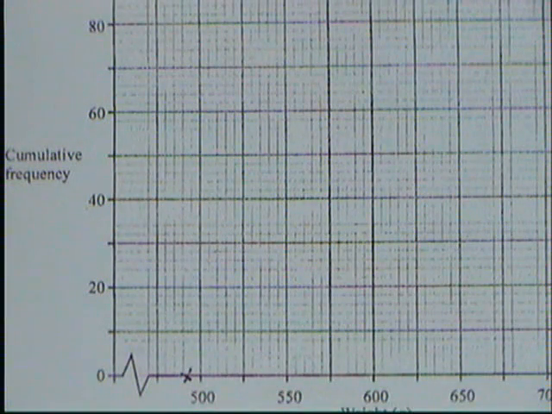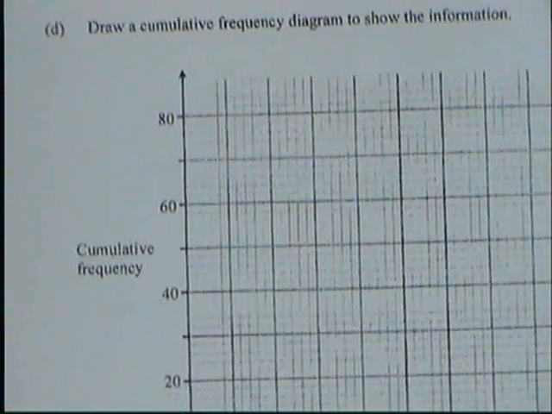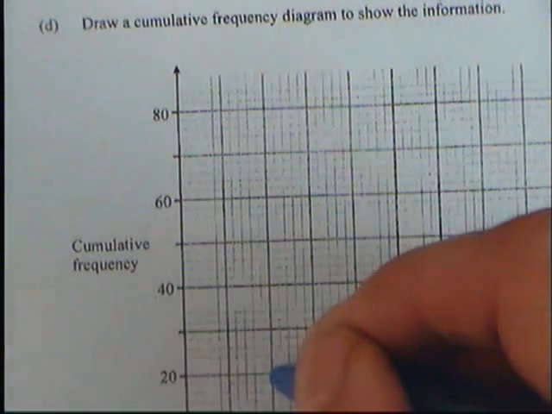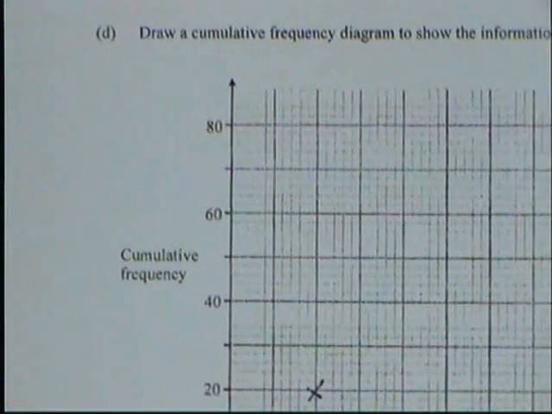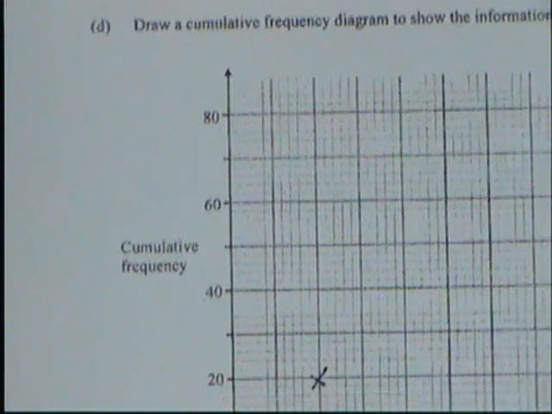Now, the first 20, that's 25%, will be the lower quartile, and the lower quartile is 500. So 500 will be the first 20, so that's the first 25%.